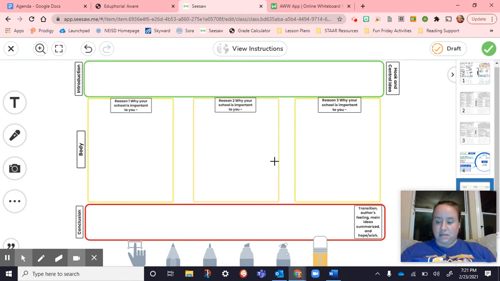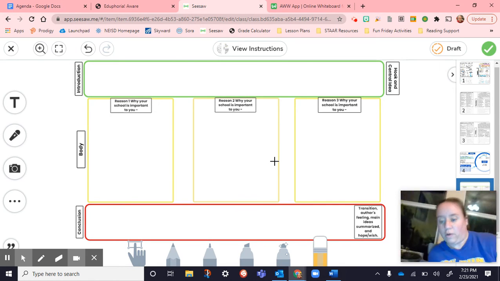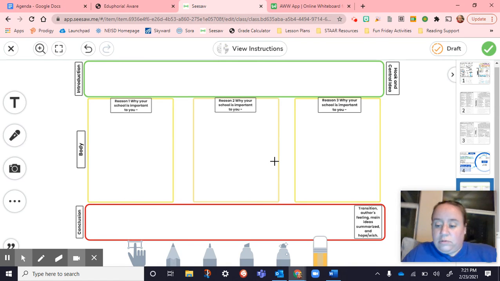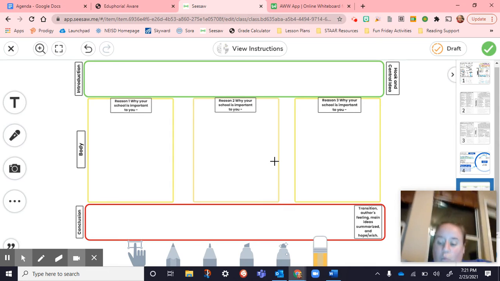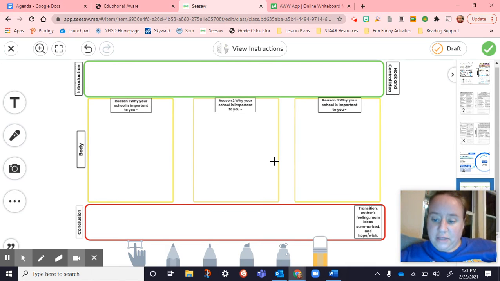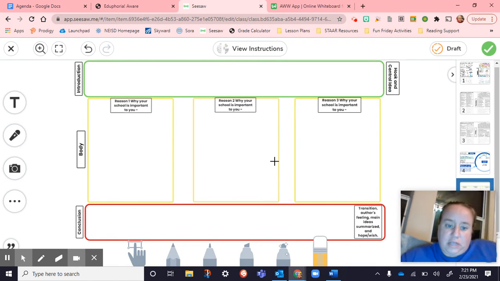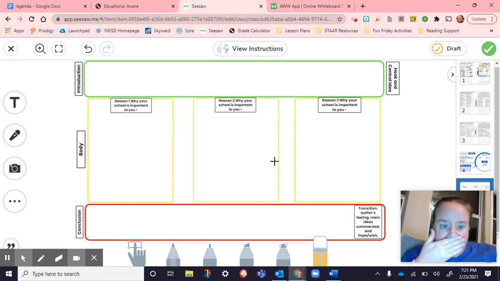We're saying something like school's important to me, or my school's important to me because I learn a lot. Well, don't list all 5,000 things you've learned this year. Go ahead and list one and then tell them about it. Okay? Why was it important that you learned that? How's that going to help you, or whatever, just details.